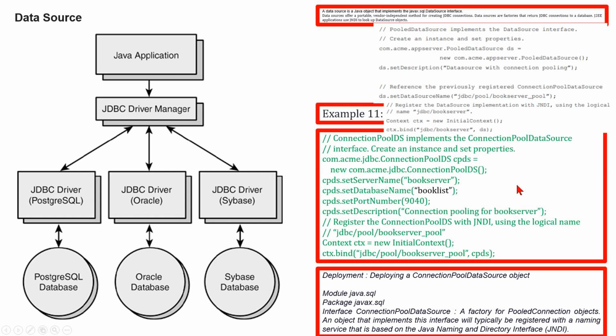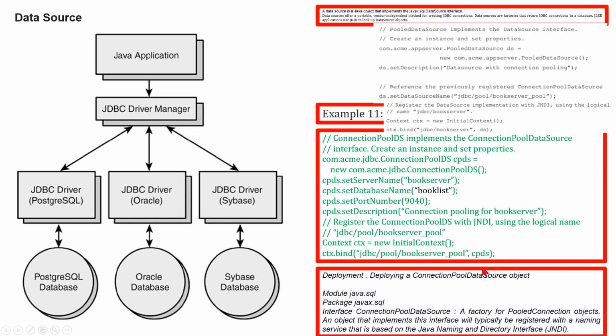Deploying a data source object that implements connection pooling requires that both the client visible data source object and the underlying connection pool data source object be registered with the JNDI naming service.